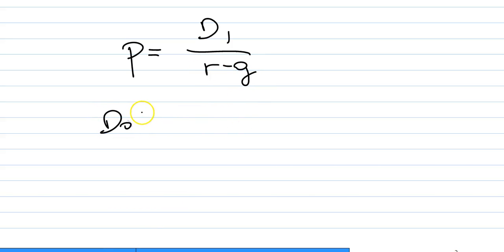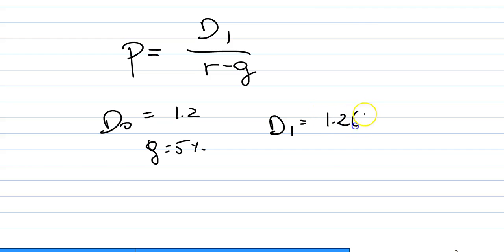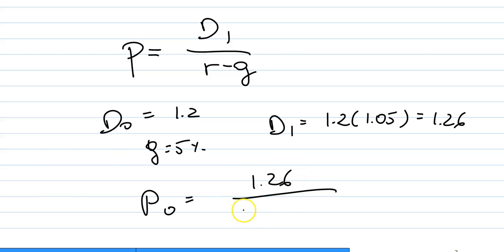Here we're given dividend 0, which is equal to 1.2, and we're given the growth rate of 5%. Based on that, we can figure out that dividend in year 1 is going to be equal to 1.2 times 1.05, so 1 plus the growth rate, and that gives me 1.26 for dividend for year 1, and now I can compute the price, which will be equal to 1.26 divided by R, which was 10%, minus G, which was 5%.